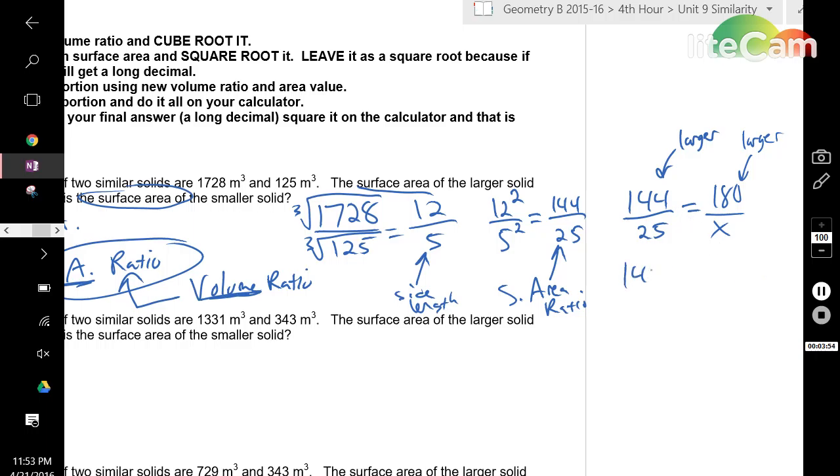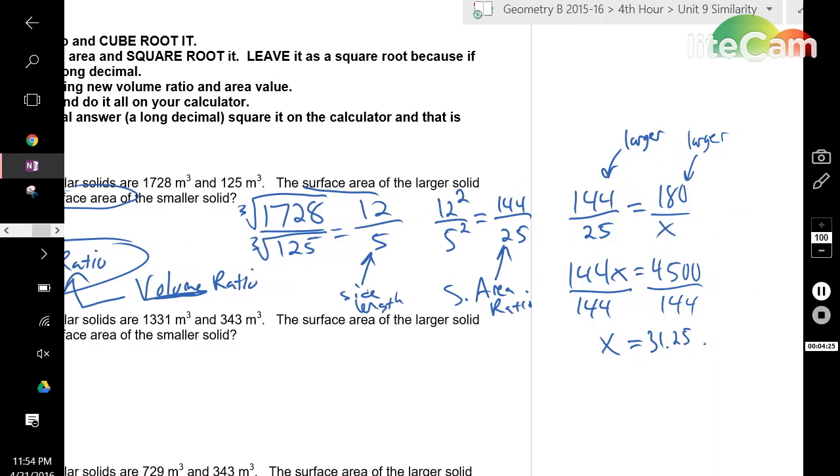Cross multiply, you're going to get 144x equals 180 times 25, and you get 4,500. Divide both sides by 144. And x is going to be 31.25. This is going to be square meters because it's surface area.